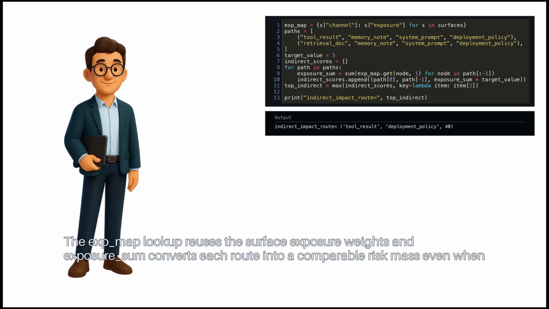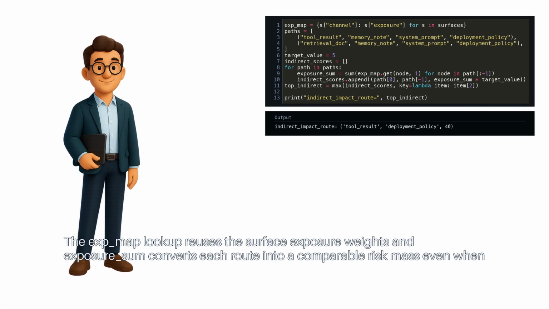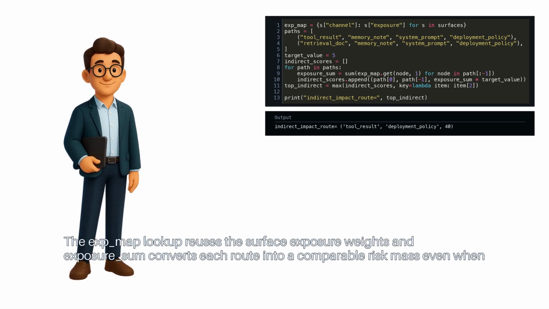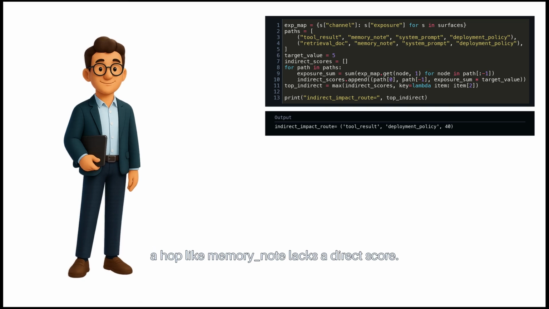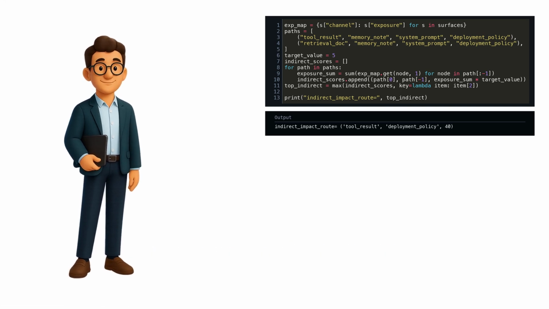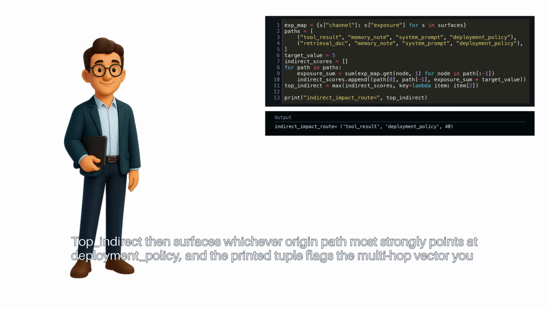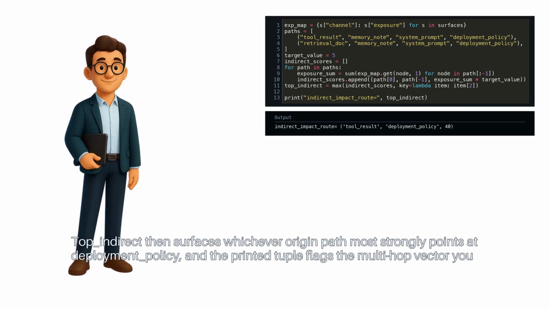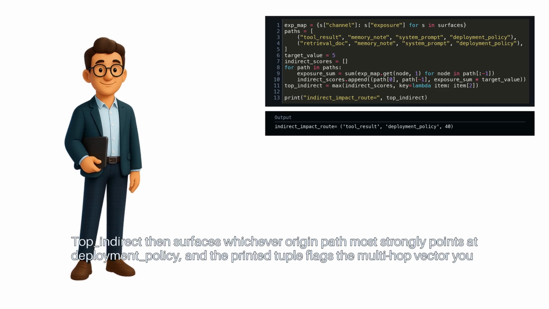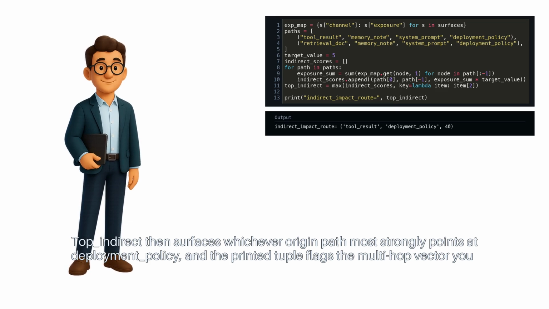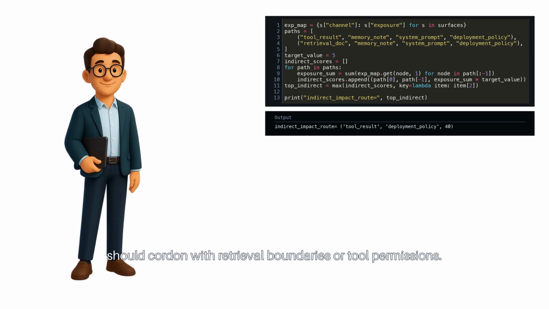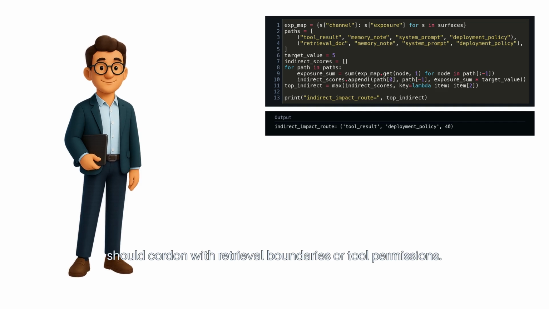The EXP map lookup reuses the surface exposure weights, and exposure sum converts each route into a comparable risk mass, even when a hop like memory note lacks a direct score. Top indirect then surfaces whichever origin path most strongly points at deployment policy. And the printed tuple flags the multi-hop vector you should coordinate with retrieval boundaries or tool permissions.